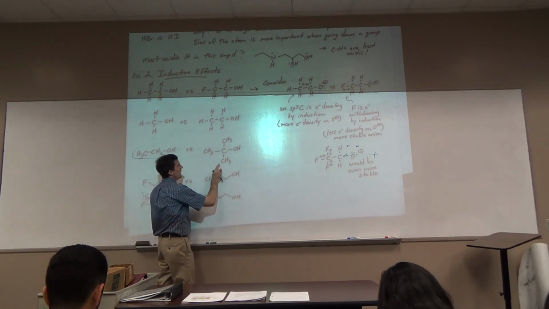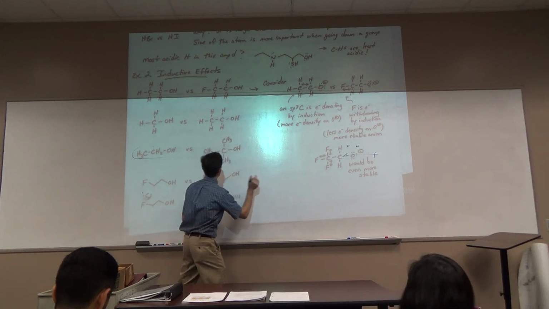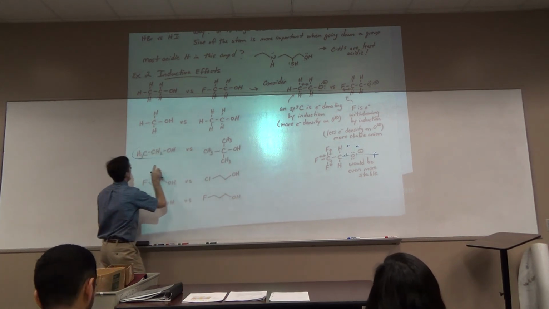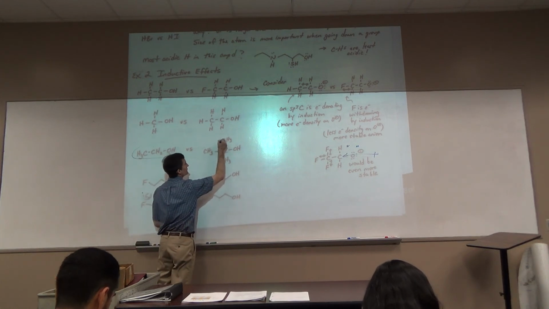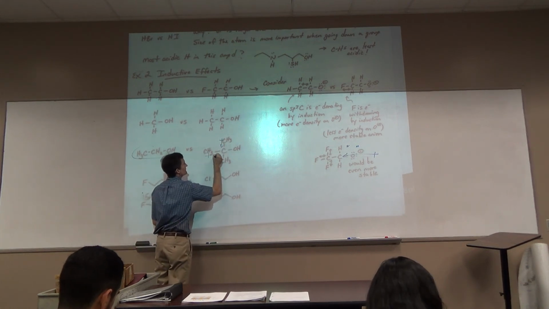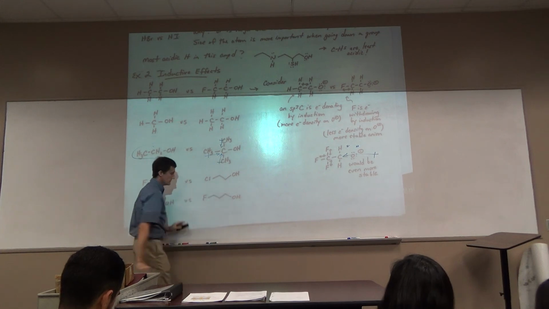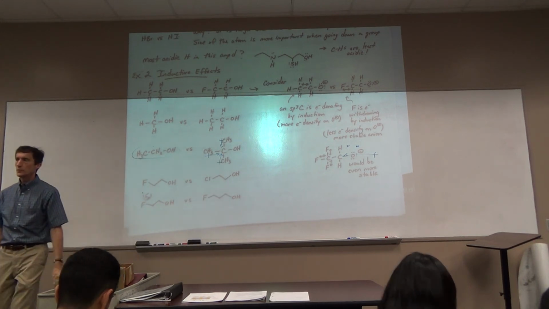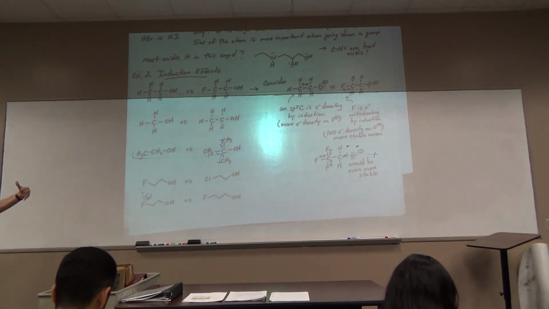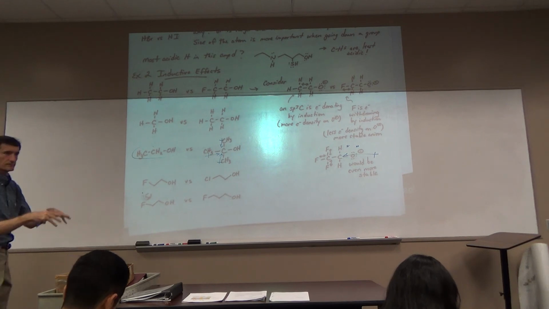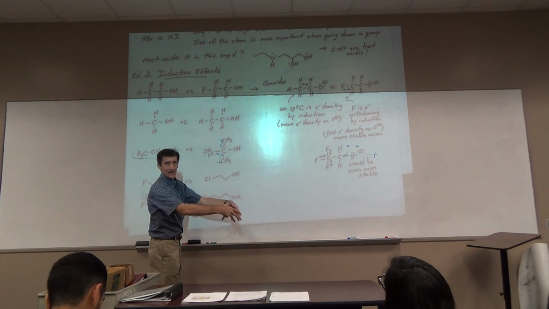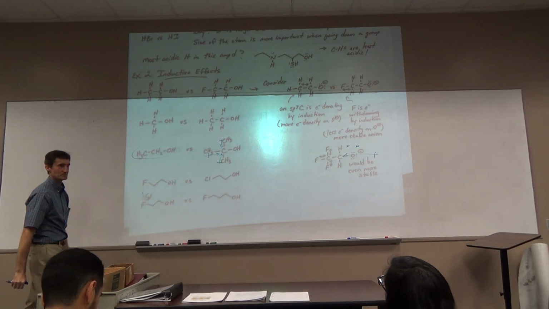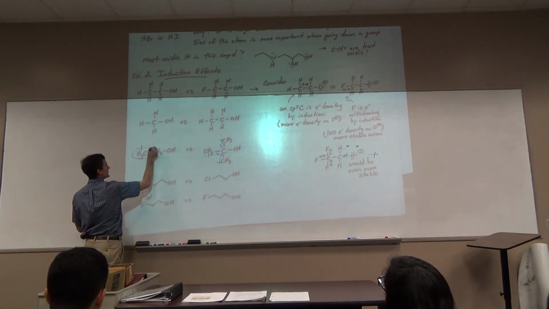Why? Okay, we did one chain here. These alkyl groups all donate. When you have branching, it's like there are 3 different donation tunnels or incoming lines. This one here really only has 1.